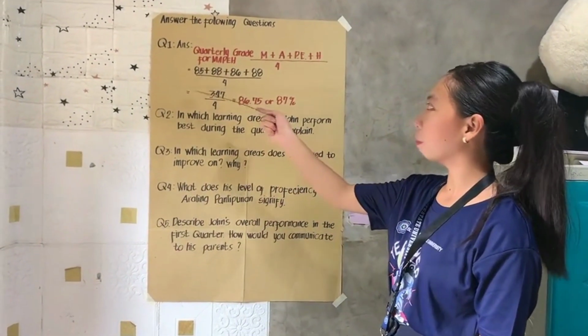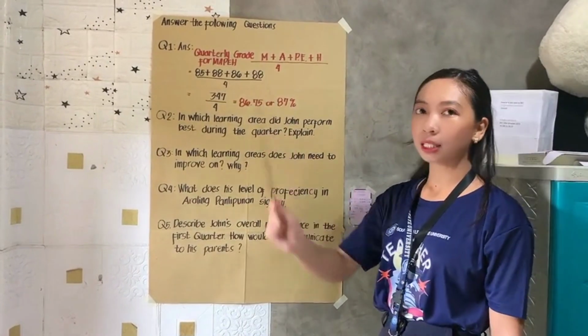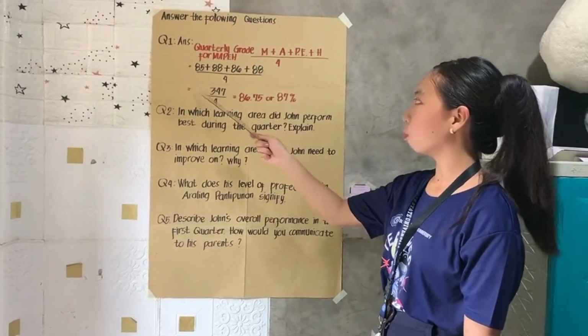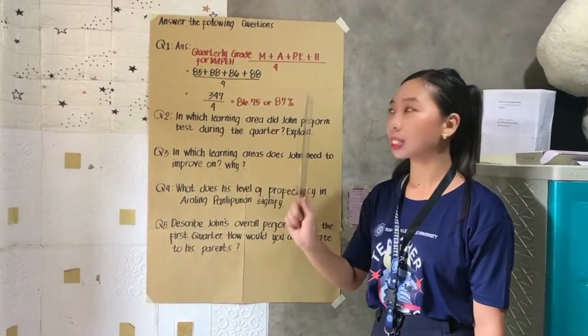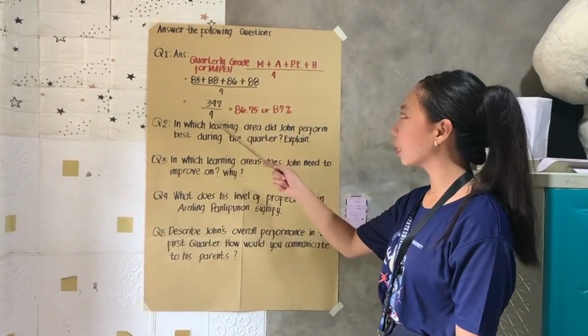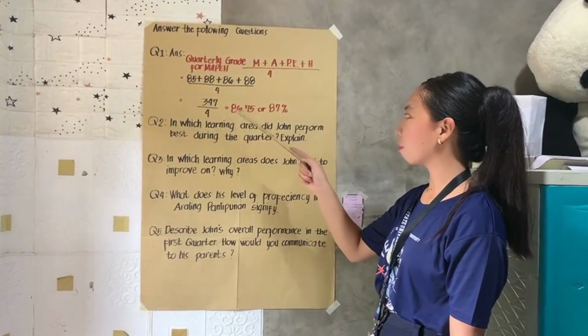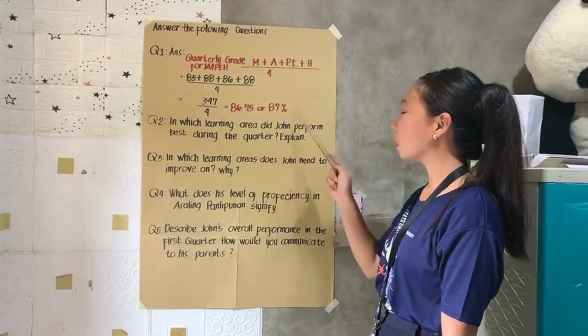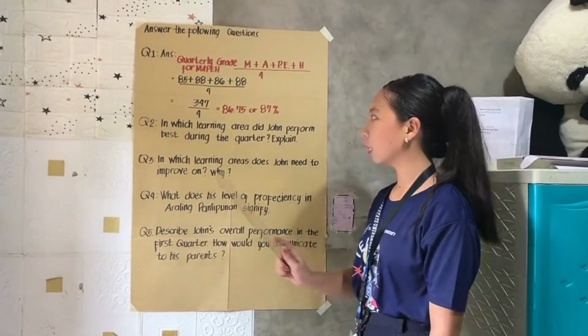So 85 plus 88 plus 86 plus 88 would be 347 divided by 4, that would be 86.75 or 87 if we round it off.